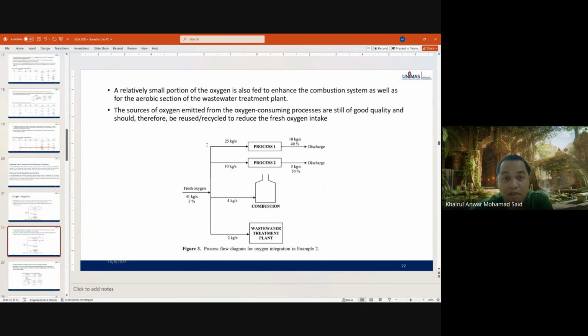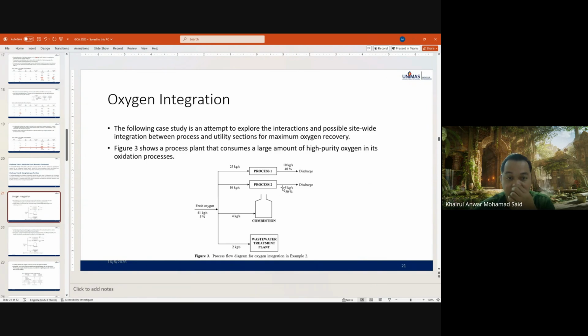The relatively small portion of oxygen is also a factor to enhance our understanding of this purpose. So there is fresh oxygen coming in. This source is smaller.